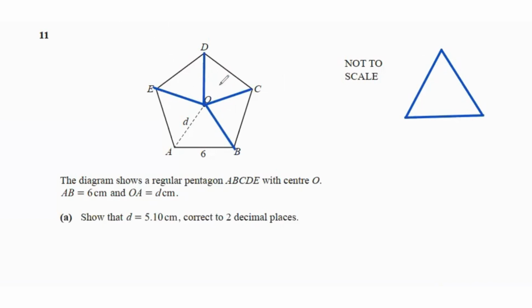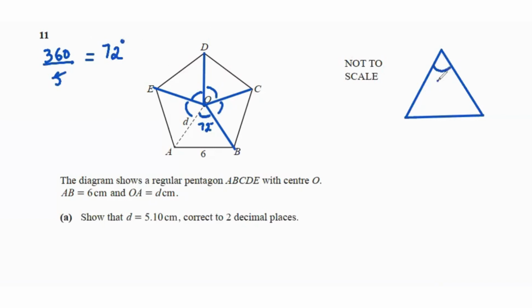And angles around a point add up to 360. So if we divide 360 by 5, that will give us one of these angles, which is 72. So this angle is 72 degrees.